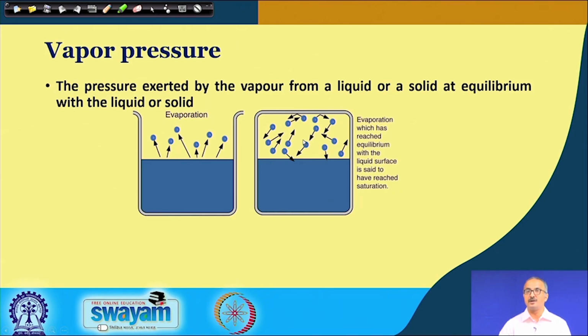Mind you, here we are talking of a pure substance, that means we are not going to allow any impurities to be there. Only one kind of molecule will exist in the vapor phase. That equilibrium pressure which we obtain is the vapor pressure of the particular liquid. Vapor pressure is a property of a liquid and depends on the temperature. As the temperature increases, it will also increase.